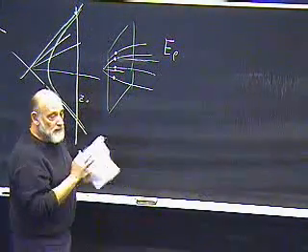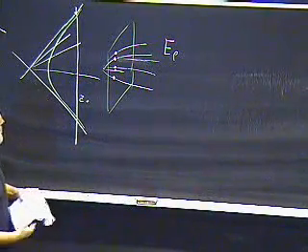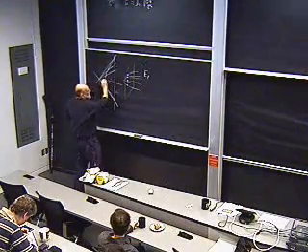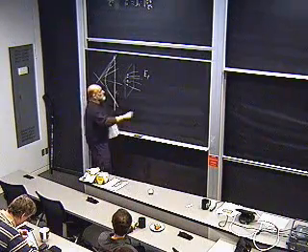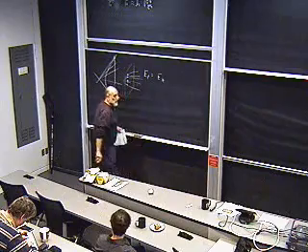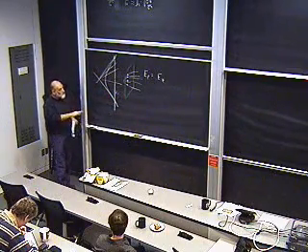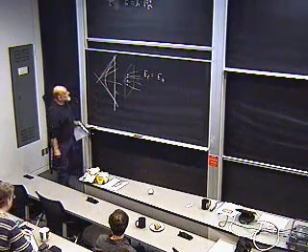Under a boost, the component of the electric field along the boost is unchanged. Now, these lines here are just boosts of constant z. So that means that the rho component of the electric field is equal to the z component of the electric field at every point. This would not be true of the other components of the electric field. They transform. But the ones that we're interested in, those are the same for E_z and E_rho.